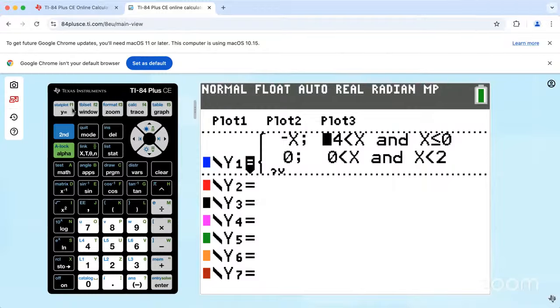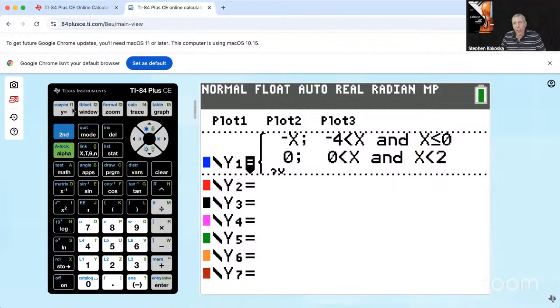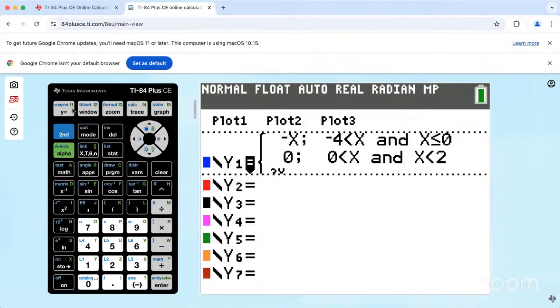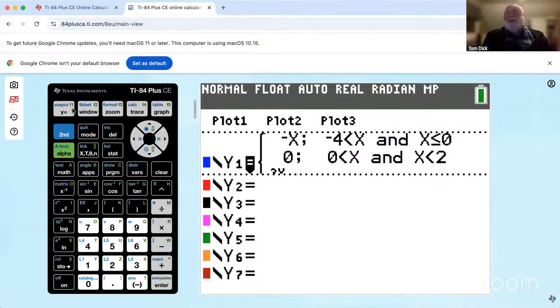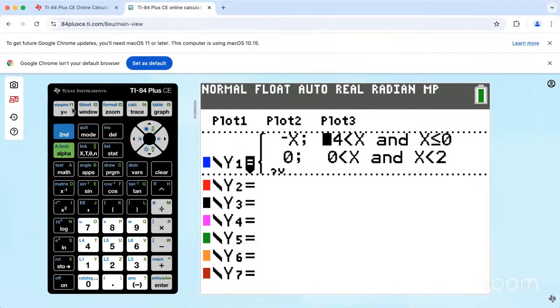I could put x less than or equal to 0, and then in the next one, could I just put x less than 2? Yeah. So even though it's wrong to write that mathematically with a piece of paper and a pencil, the calculator would evaluate that correctly. I think so, yeah. As if what you meant was at 0, I'm going to evaluate the second piece of the function at the value x equals 0. The second piece of the function would take over.